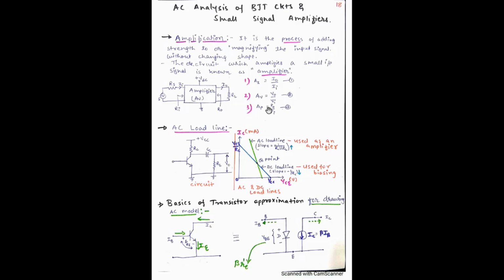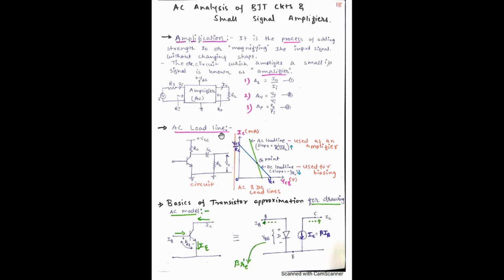Before starting amplifier circuits or small signal amplifier AC analysis, we need to understand the load line. In the previous chapter on the bipolar junction transistor, we have already studied that every amplifier has two equivalent circuits: one DC equivalent circuit and two AC equivalent circuit.